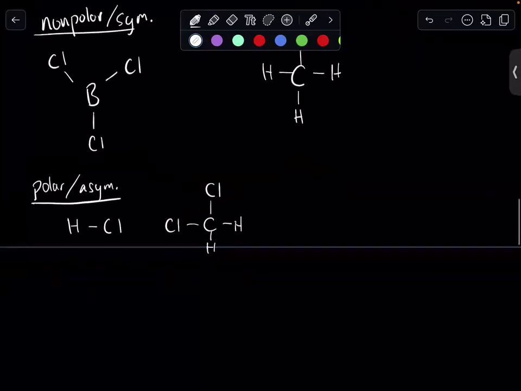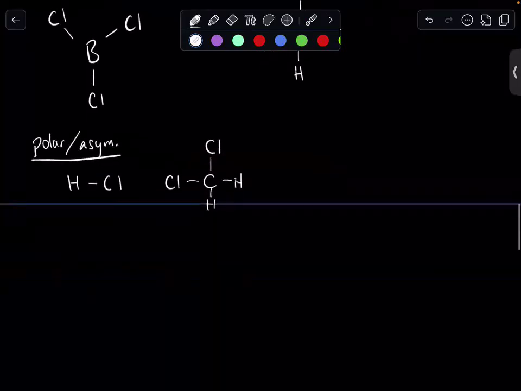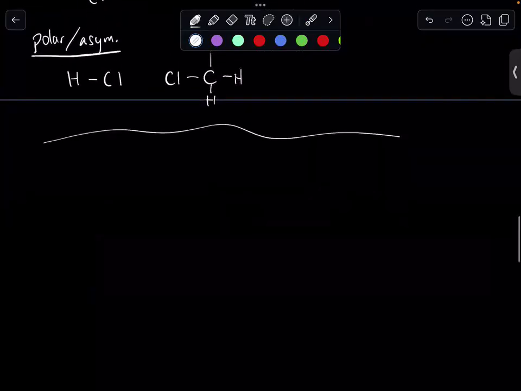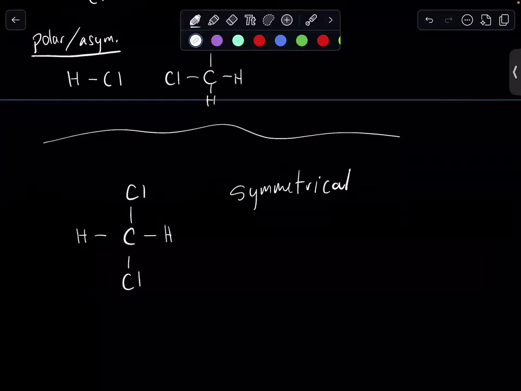So before I end this video, I want to talk about why it's so important to look at 3D structures, because these are all 2D. What if we have the molecule dichloromethane, but you were to draw it a little different? In the 2D space, this is symmetrical.